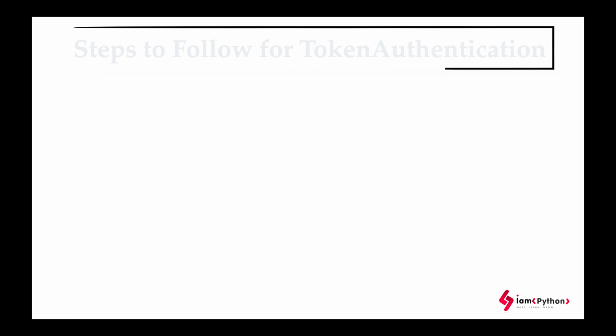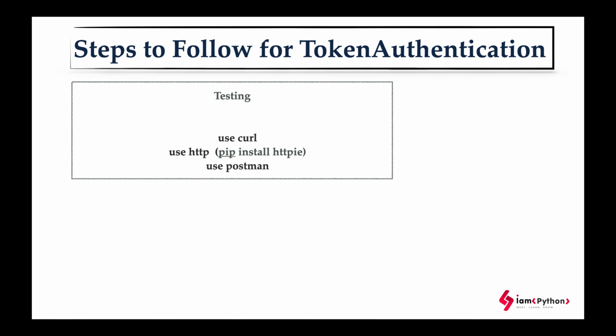The next important thing is how to test the token authentication. Testing is also one of the primary steps which we need to do when you create the tokens, right? So testing can be done in various ways. One is using the curl command, and another one is HTTPie. Basically we need to install this one.